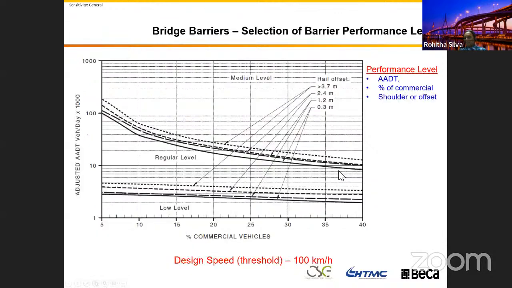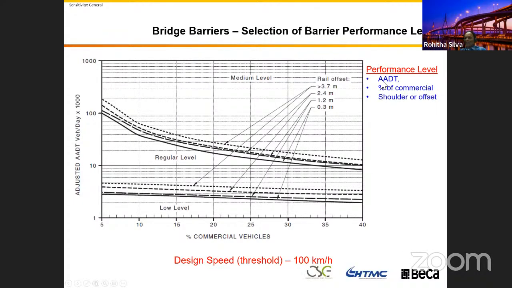So when you get those three values, the codes give you a graph, the nomograph. They have different graphs for different speeds. I picked one for a vehicle speed of 100 kilometers per hour. This is common on the motorways in Australia.